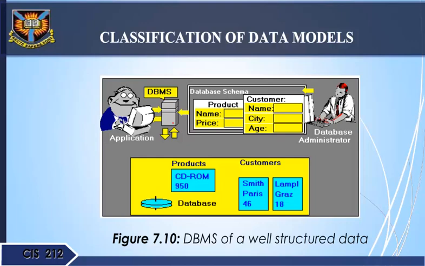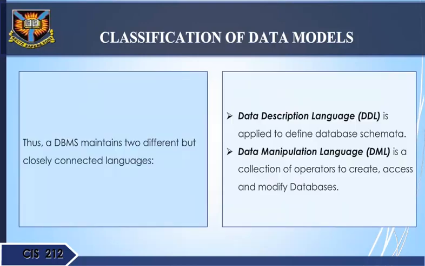The figure shows a DBMS for well-structured data. Thus, a DBMS maintains two different but closely connected languages. Data description language (DDL) is applied to define database schemata. Data manipulation language (DML) is a collection of operators to create, access, and modify databases.